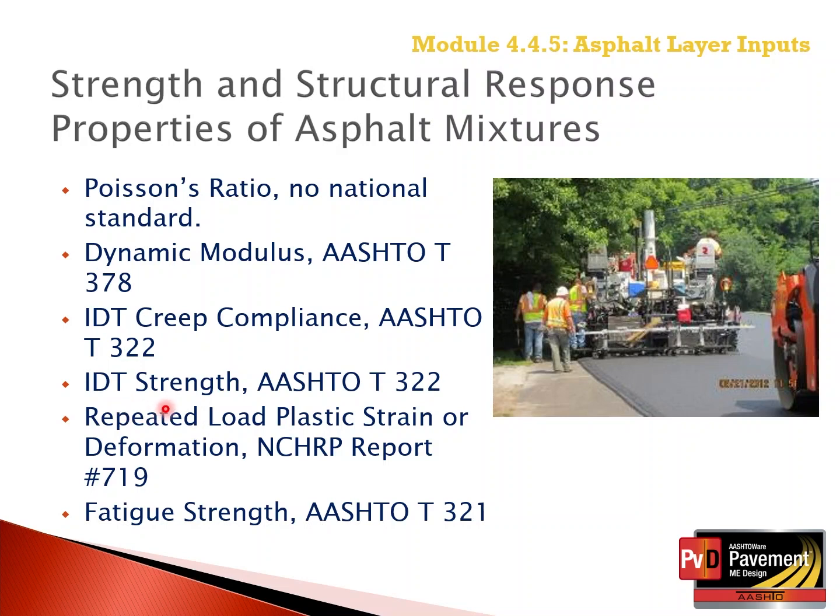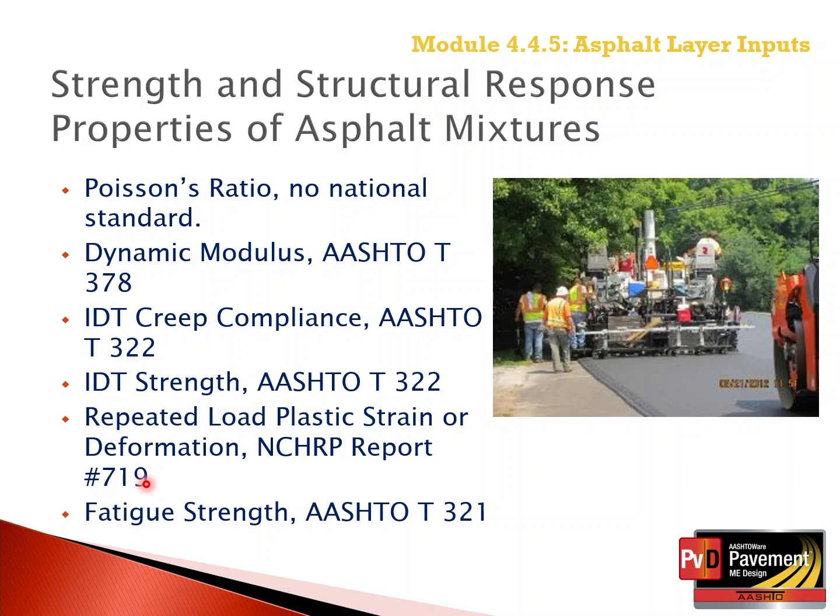The repeated load plastic deformation or strain values are measured in accordance with the method of test included in NCHRP Report 719 for determining the asphalt layer repeated load strain.